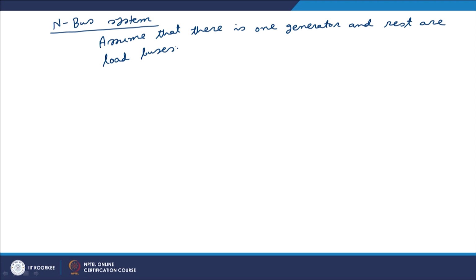Of course, we would be relaxing all these assumptions at a little later stage, but just now we are making this assumption just to introduce the basic Gauss Seidel load flow method.